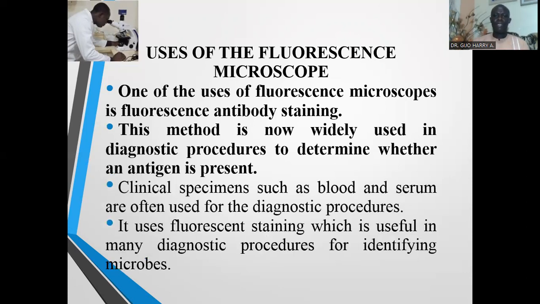Clinical specimens such as blood and serum are often used for the diagnostic procedures. Blood and serum are used to check for the presence of antibodies in the sample. It uses fluorescent staining, which is used in many diagnostic procedures for identifying microbes.